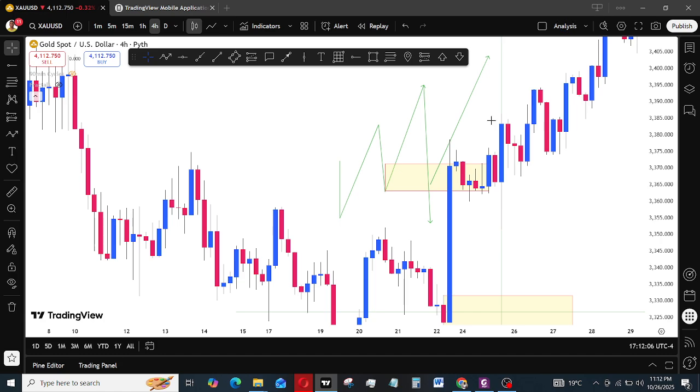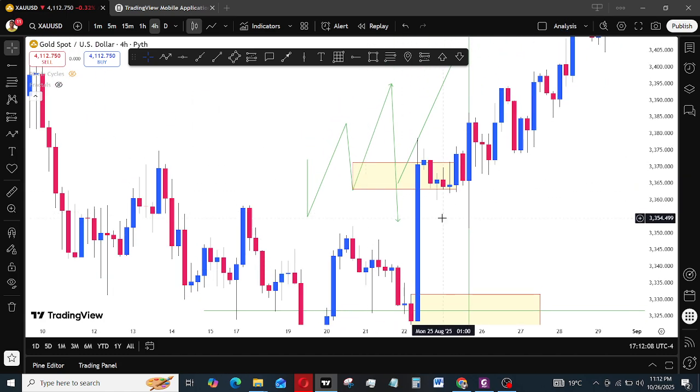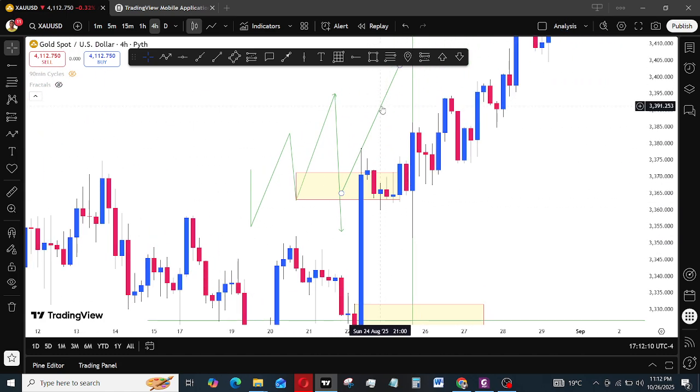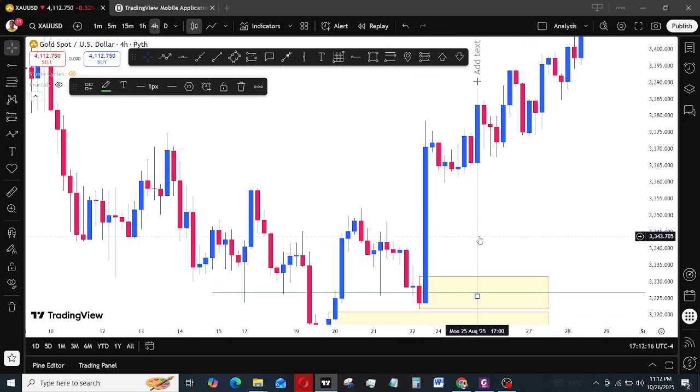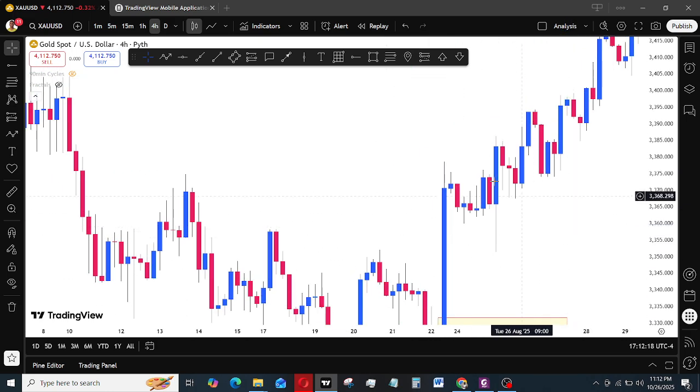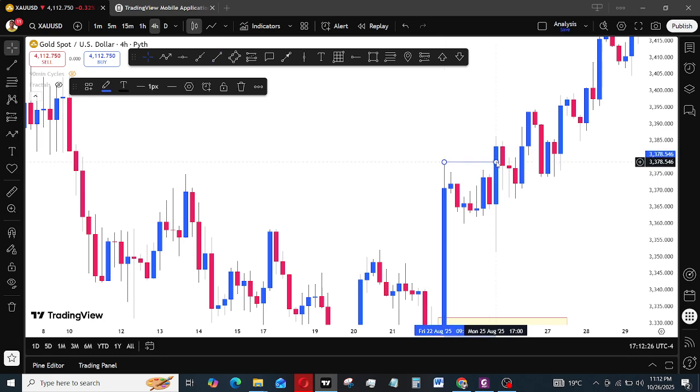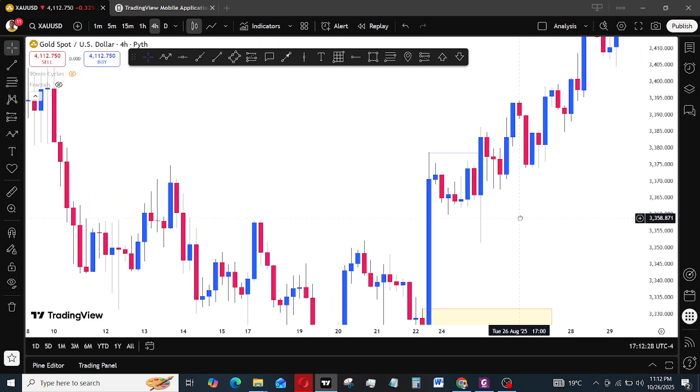So the right order block, let me give you an example, is the order block that has swept liquidity. For example, we have these points. Market broke structure.